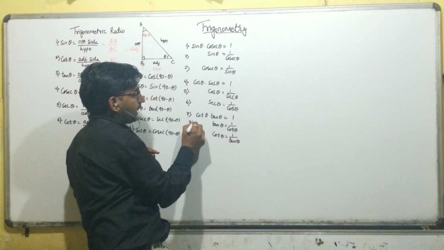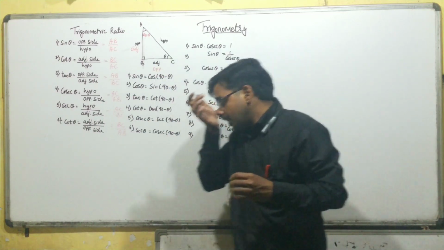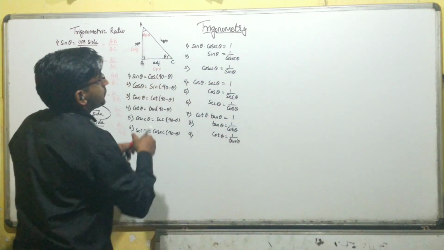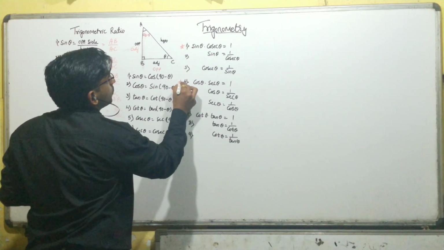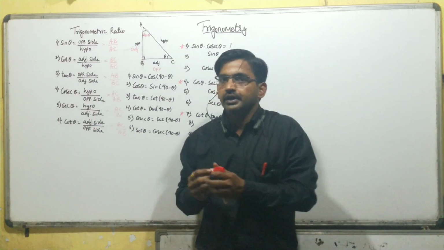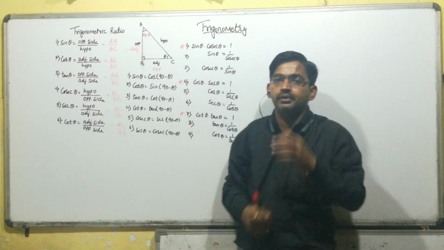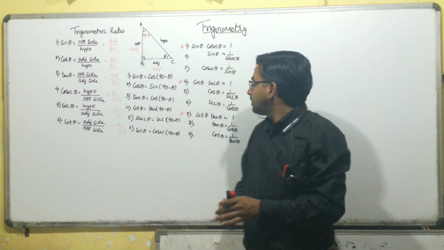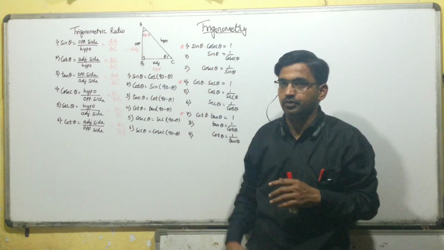So see beta, there are altogether 9 formulas which come just from 1, 2 and this 3. So if you remember the numbers 1, 4 and 7, automatically you can remember the remaining formulas, so that automatically the 9 formulas will be remembered by you.